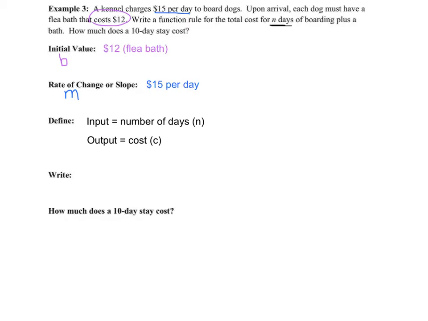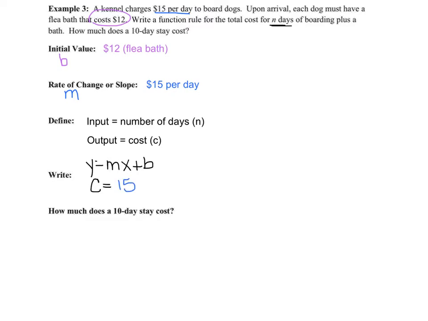So our next step after we identify our input and output is we want to write a function rule. And again, we want to use our slope-intercept form, y equals mx plus b. So your y is your output. So we have C equals, because we identified our output as C. Our m is the rate of change, which is $15 per day. So 15.